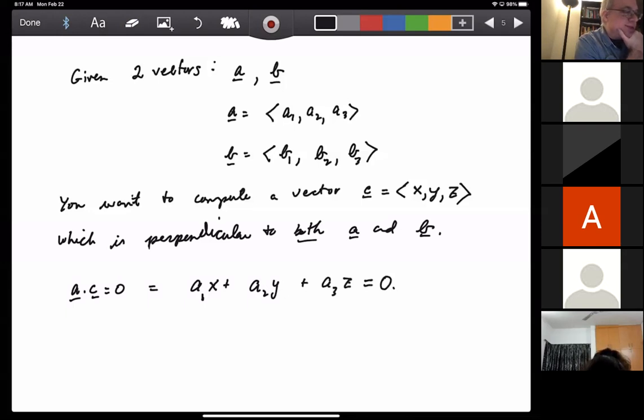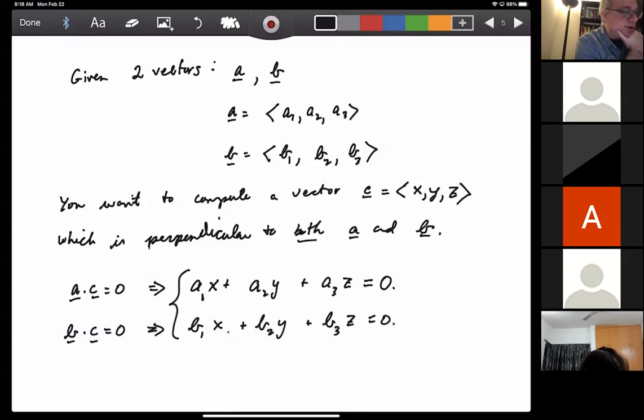And we also want this vector C to be perpendicular to B. So we can say that B dot C is equal to 0. So B1X plus B2Y plus B3Z is equal to 0.